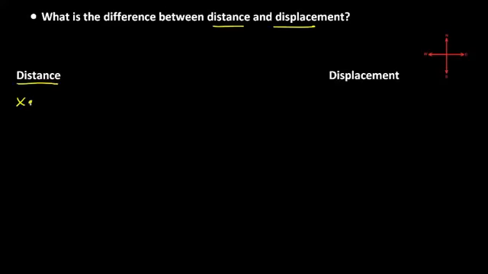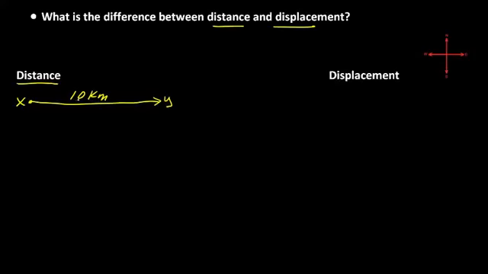We're going to start at the origin, point X, and ride a bike or some other mode of transportation all the way over here to point Y, and stop at point Y. If I were to ask you what distance you traveled, you might have measured and say, well, between point X and point Y, I traveled 10 kilometers. That is the distance between point X and point Y, 10 kilometers.